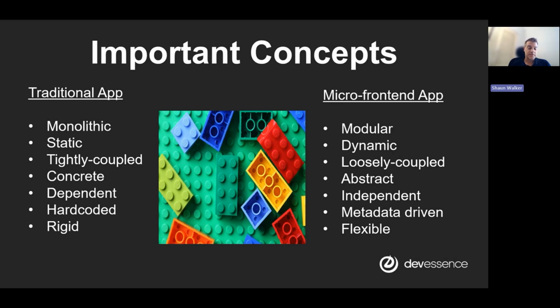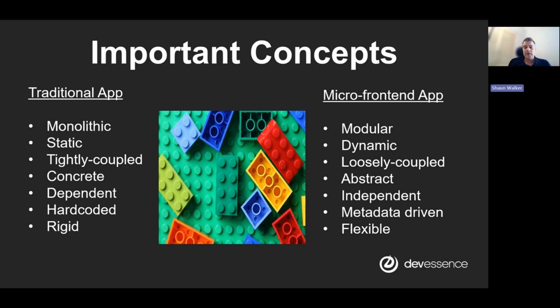In a lot of cases, there's a lot of hard coding, and I know that developers don't like that word, but when I'm referring to hard coding here, I'm referring to references to things that are embedded directly into components, like perhaps references to other components. That still is hard coding at the end of the day. And applications built in this way tend to be more rigid and not as easy to extend.